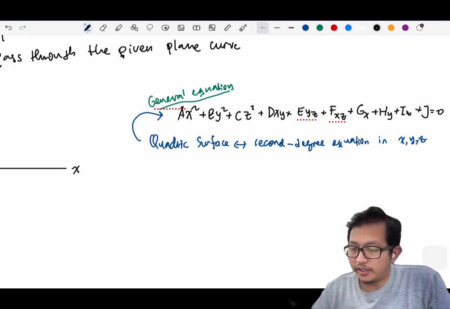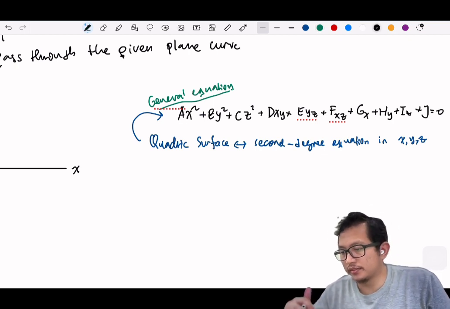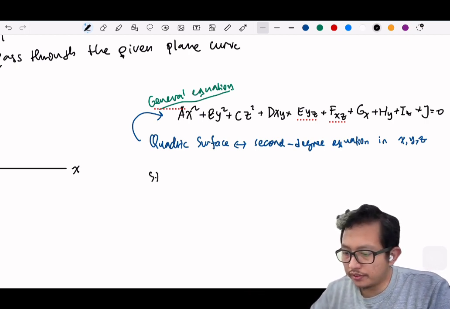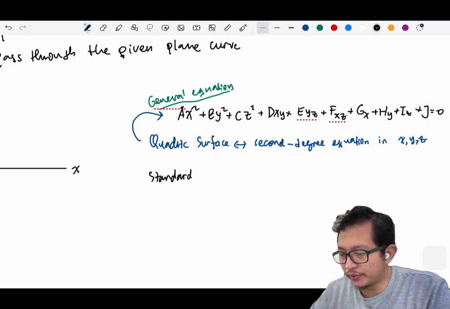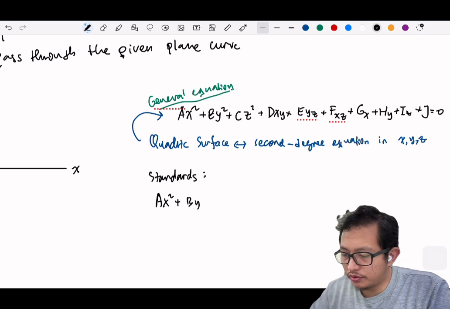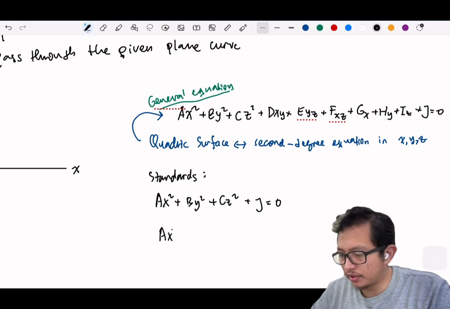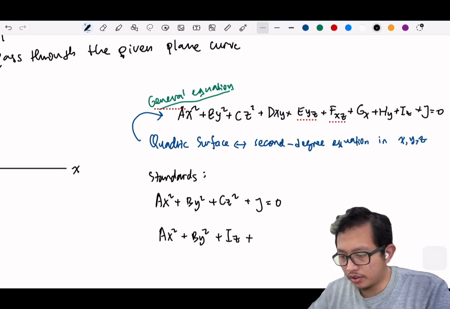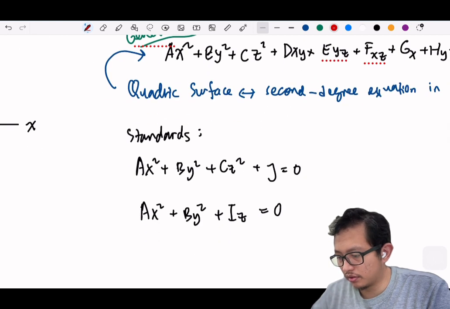And if we translate and rotate these equations, we get the most standard forms, the most probable cases for the equations. So there are only two standard forms. There is ax squared plus by squared plus cz squared plus a constant equals 0, or the second one, equals 0.